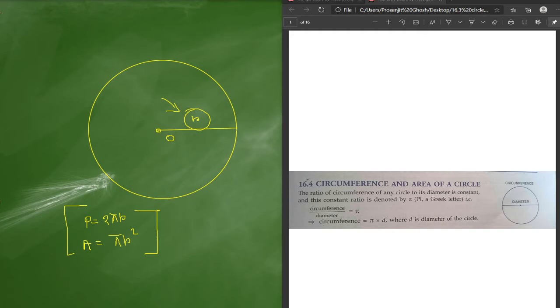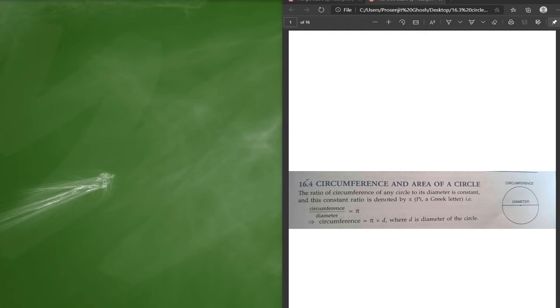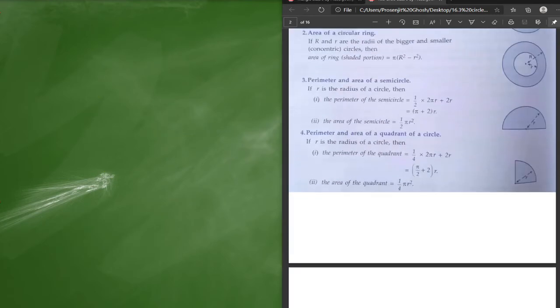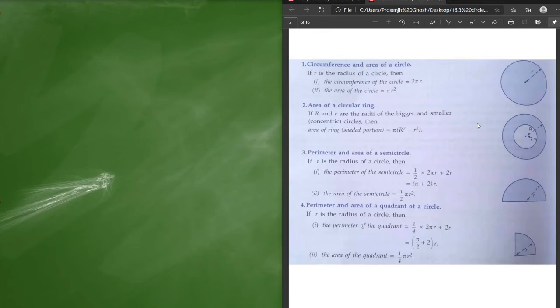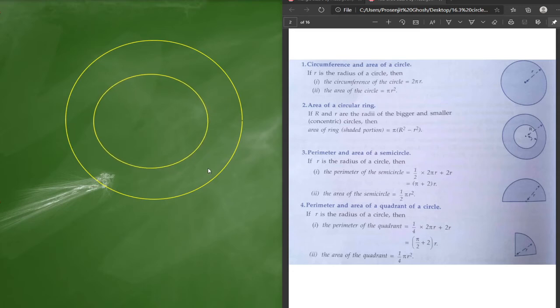So let's start with a few ideas behind it. I just told you about the area and the perimeter of the circle. Right now, I will take two circles of the same kind, mostly two concentric circles. As you can see, this is one circle and inside of that we have another circle.